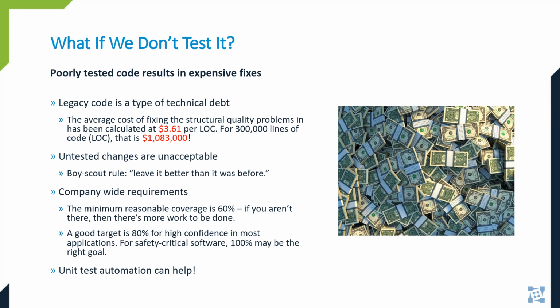But again, this takes time. Unit test code is code, so you're still spending time on writing that code. And with everything in 2022, anything that we're doing manually, we are looking for ways to automate it. And unit test automation can absolutely help achieve those code coverage goals.